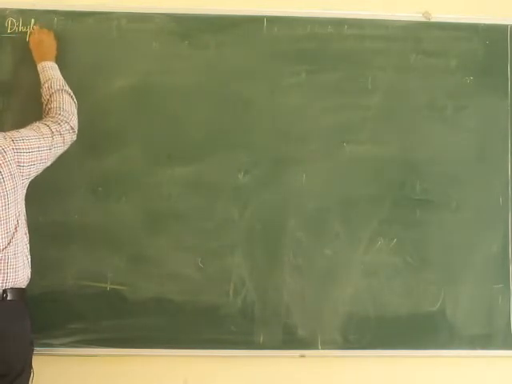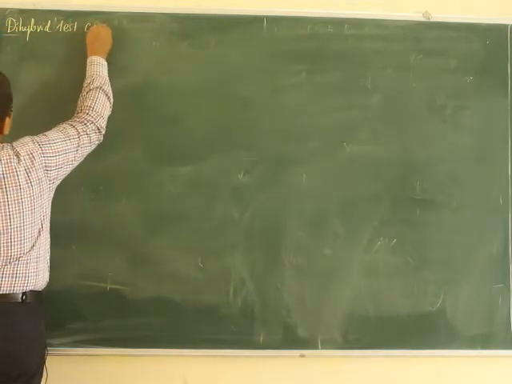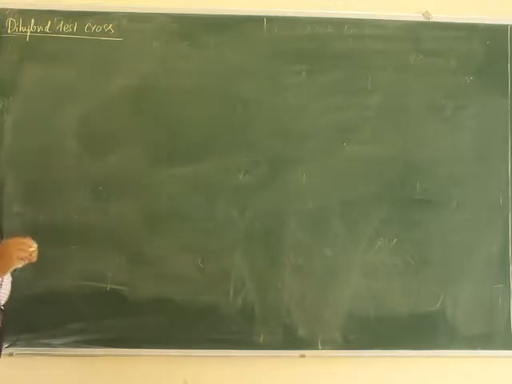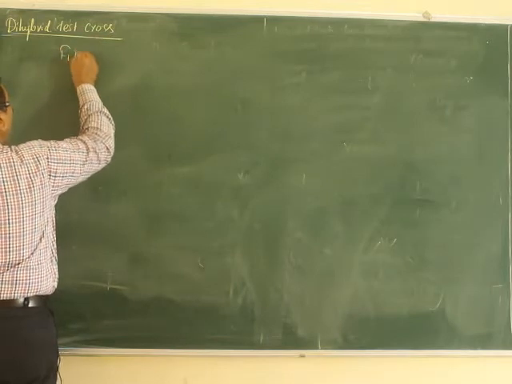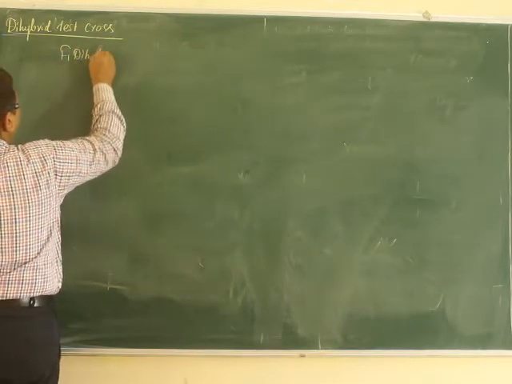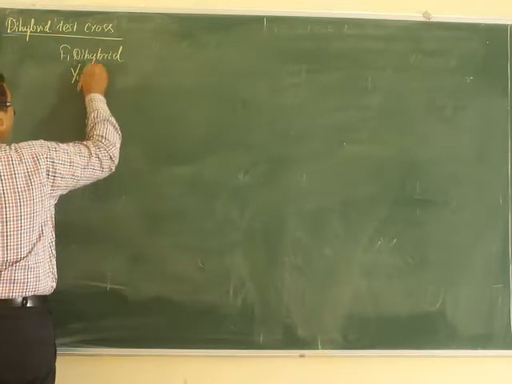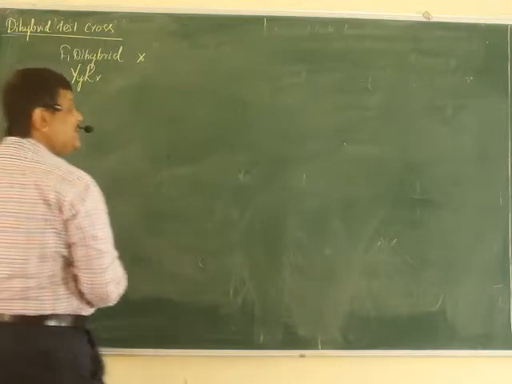Dihybrid test cross. So, F1 dihybrid, capital Y, small y, capital R, small r, is crossed with recessive parent.